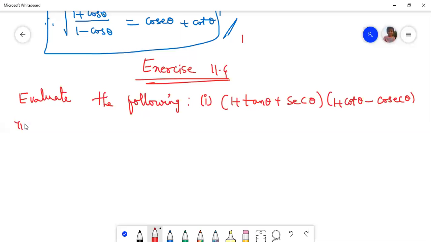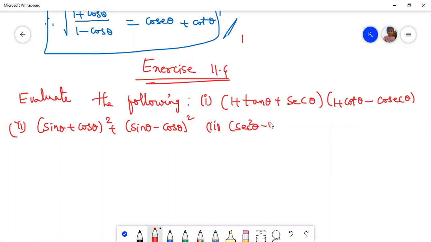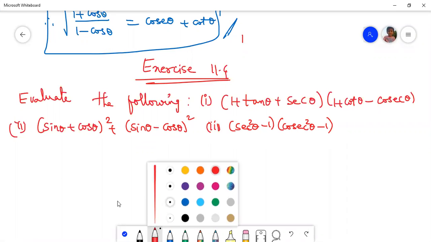The second one is (sin theta plus cos theta) whole square plus (sin theta minus cos theta) whole square. The third one is (secant square theta minus 1) into (cosec square theta minus 1). These are the problems in the first question.